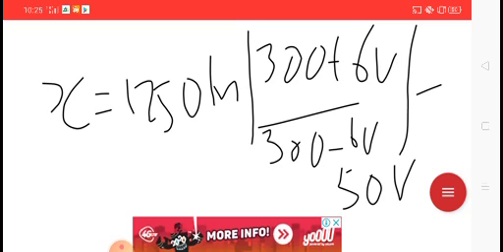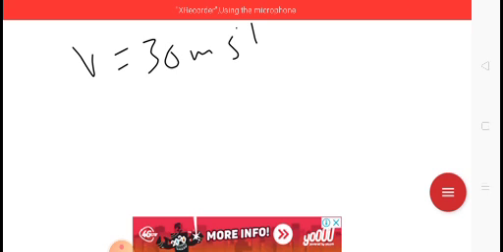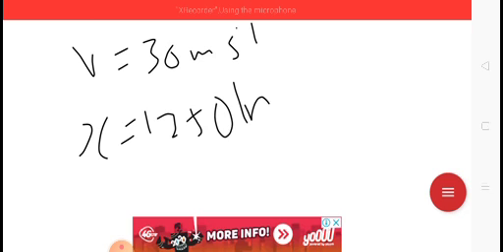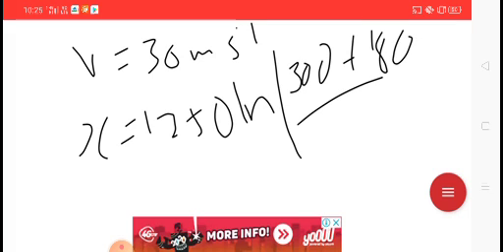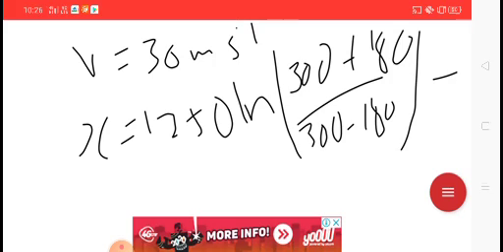Okay, for the last part, the question asks to show that it takes approximately 233 meters to reach v equal to 30. So v equals 30, and x will equal 1250 ln((300 plus 180) over (300 minus 180)) minus 1500.